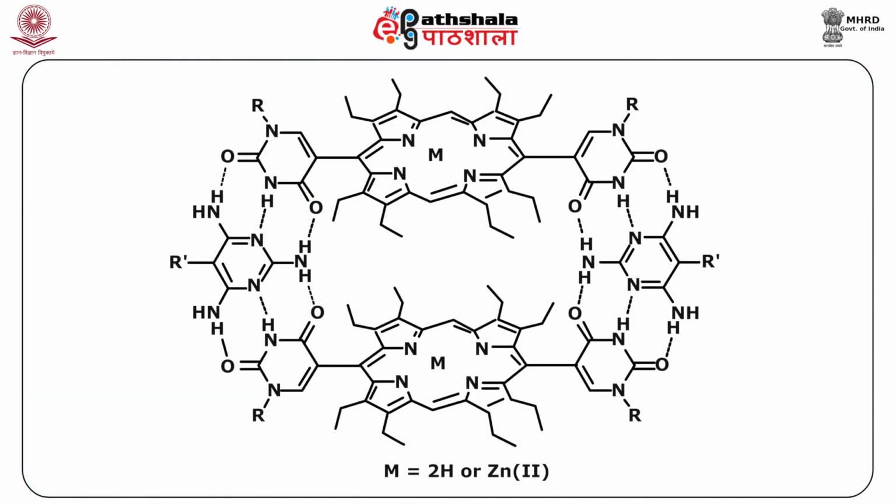The self-assembly of a porphyrin or its zinc 2 plus ion complex bearing two uracil groups by means of two TAP units, yields a supramolecular bisporphyrin cage as shown to you, into which a bipyrimidine guest molecule may bind by coordination to the zinc 2 plus sites in a synergic fashion. Now the figure is showing to you the self-assembly of a supramolecular bisporphyrin cage with the zinc 2 plus ion.